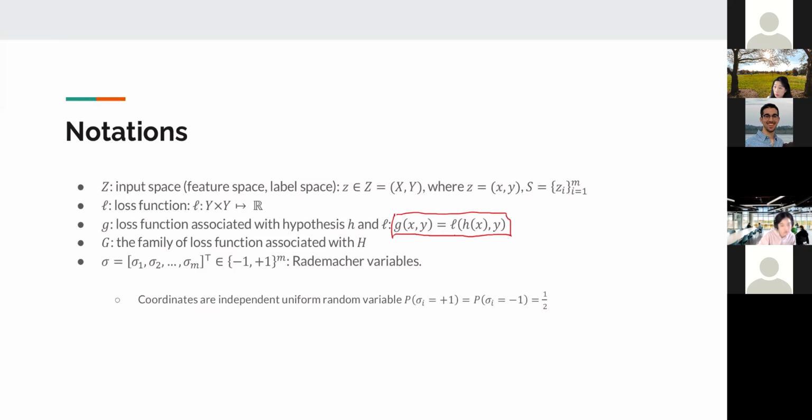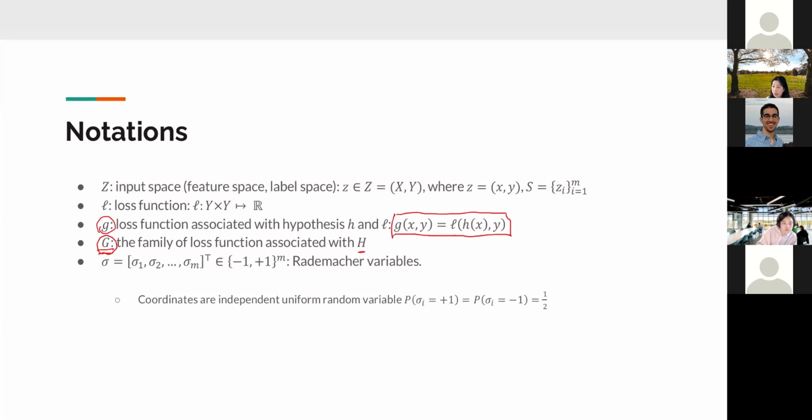Okay, but I'm going to use that a lot in the next few slides. So now I have the small g, which is a loss function associated with one hypothesis on this loss function L. But I'm going to denote the family of the loss functions associated with H as the capital G. So it's the collection of all the g's, right, on every h. Does that make sense? So this is just the family of loss functions associated with H. So when I say g, it has to be associated with a specific h here.